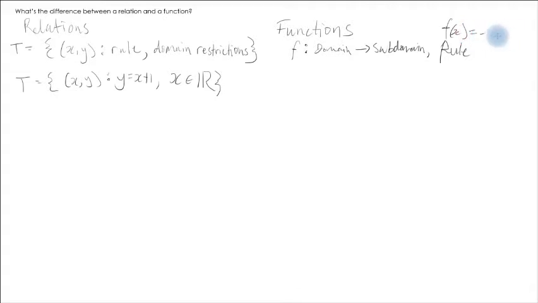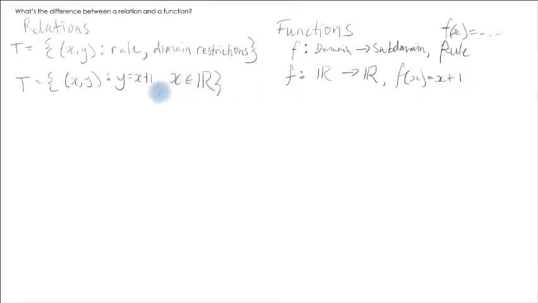That's our rule, and it's different to this rule, which always has y's and x's in it. So an equivalent example for this relation is the function. Because the domain here is R, it'll be mapped to the subdomain of R as well. And our rule is f of x, the function of x, is equal to x plus 1.